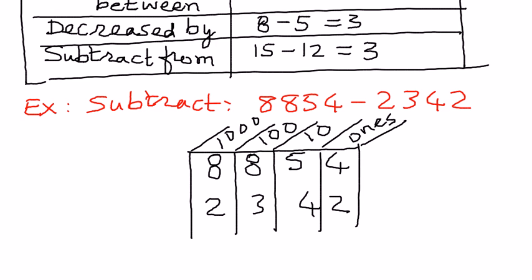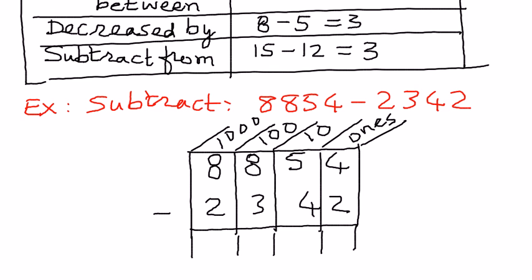And we are subtracting 2342 from 8854. So we have now lined up the numbers in accordance to the place value.